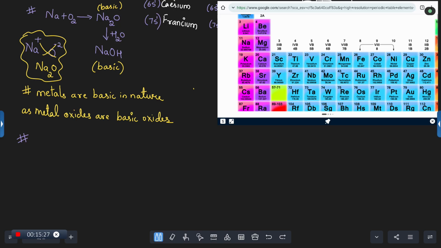Next point, see, at the last, we have Fr and Ra, right? What is Fr? Francium. Ra is radium. So, in general, in your periodic table, the last line elements, that is your seventh period elements, are generally radioactive elements. That means their lifespan is either very large or too small.